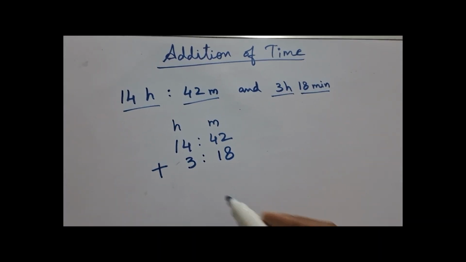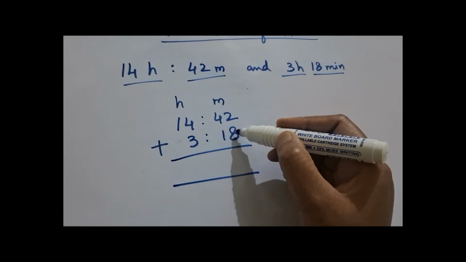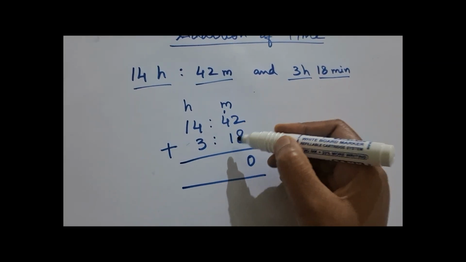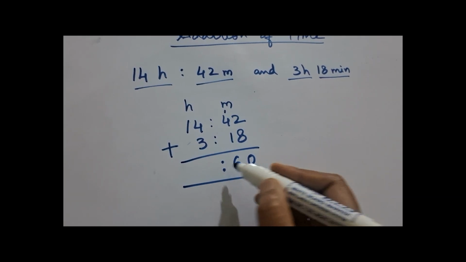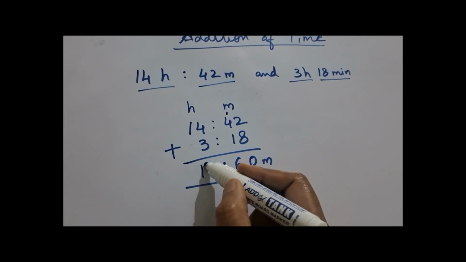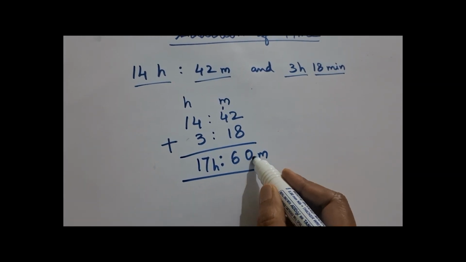Okay, children. Now let's add. Here 2 plus 8 is 10, 1 carry, and 4 plus 1 plus 1 is 6. Okay, children. This many minutes. And hours, 14 plus 3, that is 17 hours. So 17 hours 60 minutes.